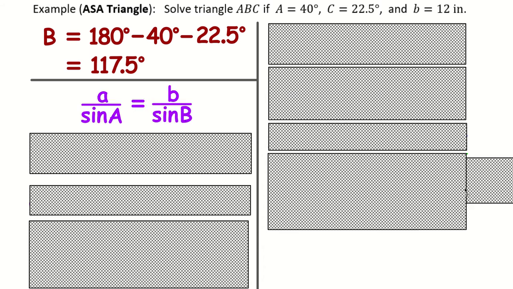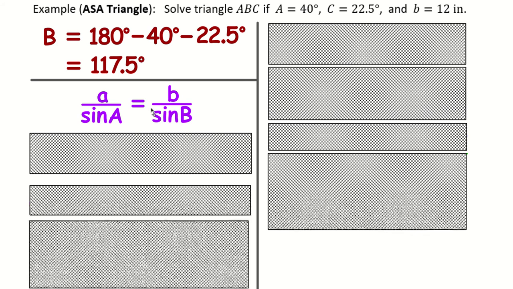So now we can use the B fraction and then whatever else we want. Looks like I'm just picking the A's. But now that I have both B's, I can figure out either little a or little c.